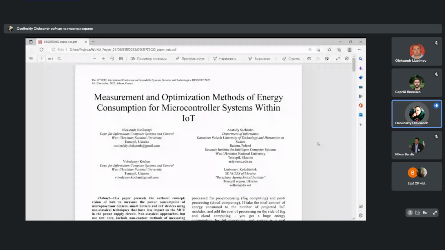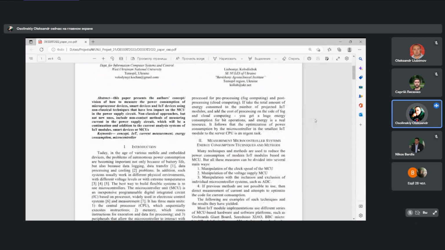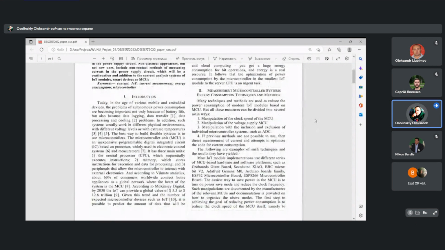The main idea of this work was analyzing the methods for measuring energy consumption by microcontrollers, and why we analyze it, because today talking only about power consumption by microcontrollers is not correct.